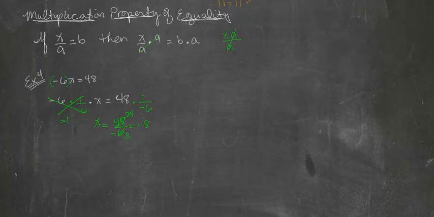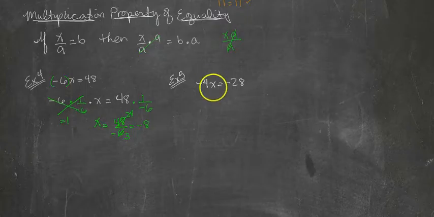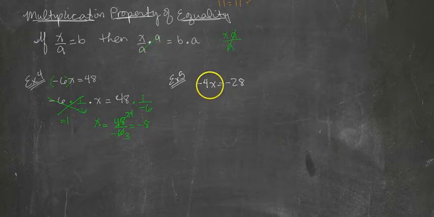All right, so let's do a couple that don't have so much explaining, because I think it makes it easier to see. So let's do example 5. Let's take -4x equals -28. So, using the logic in my head, I want to get this x by itself. -4 is in the way of x being alone. -4 is multiplied to x.